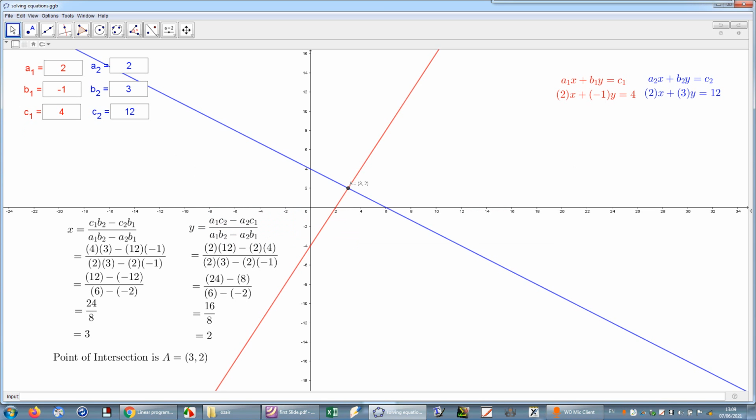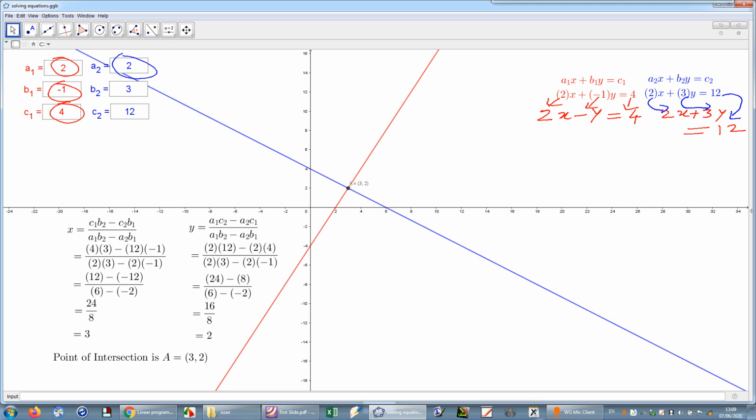So, two equations: 2x minus y is equal to 4 and 2x plus 3y is equal to 12. A1 is 2, B1 is minus 1, C1 is 4. A2 is 2, B2 is 3, C2 is 12.